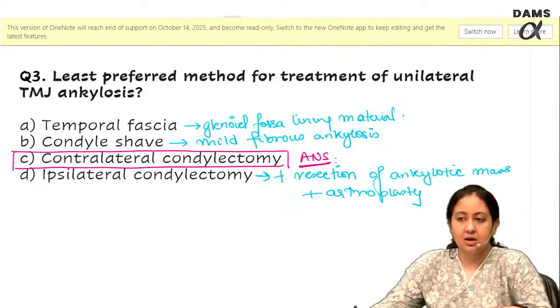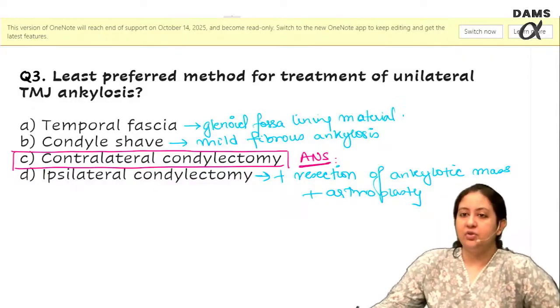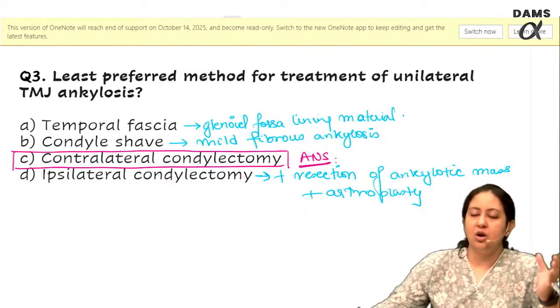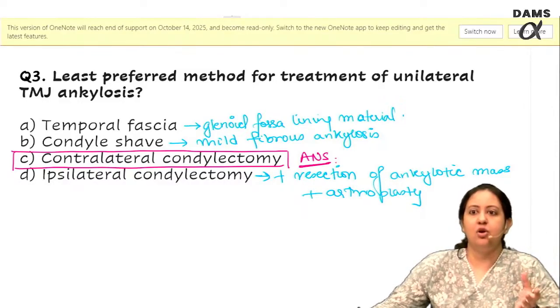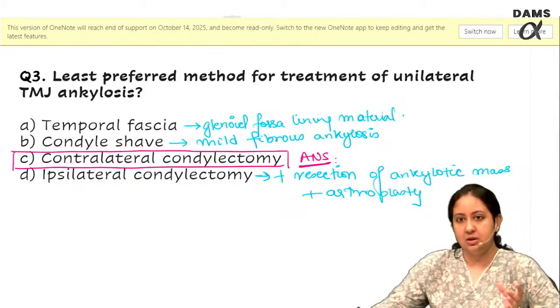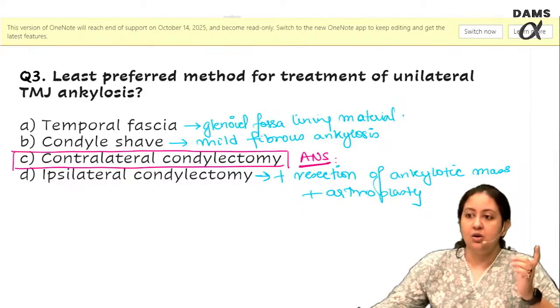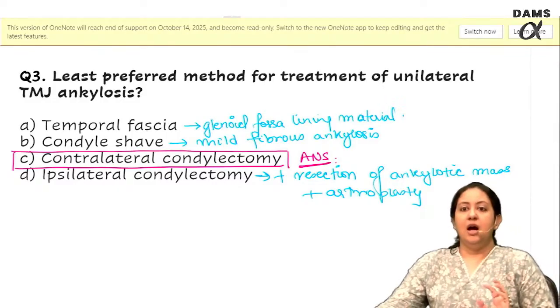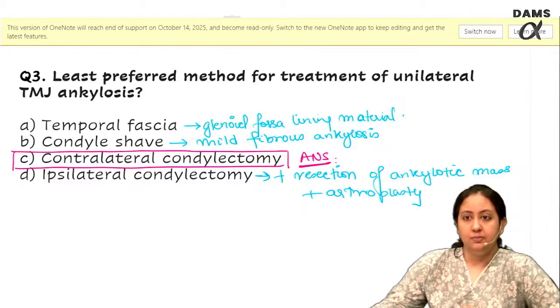We will revise the Caban's protocols and see what all we can do for the treatment of a TMJ ankylosis. But the contralateral condyle, the opposite side condyle, you never remove for treatment of a unilateral TMJ ankylosis case. You can do a contralateral coronoidectomy. I hope this is clear to all of you.